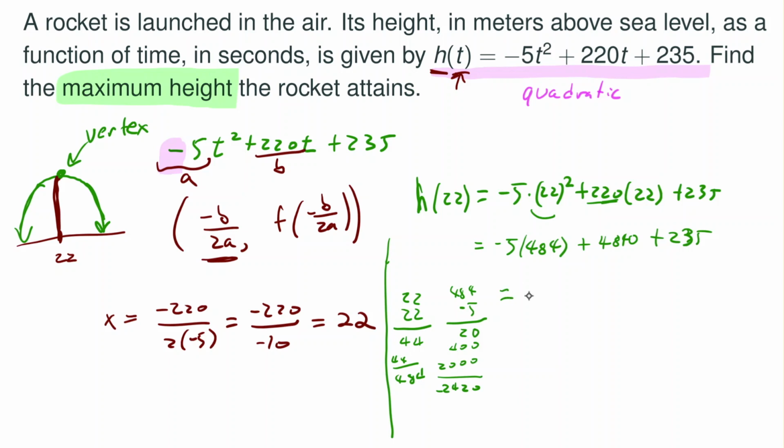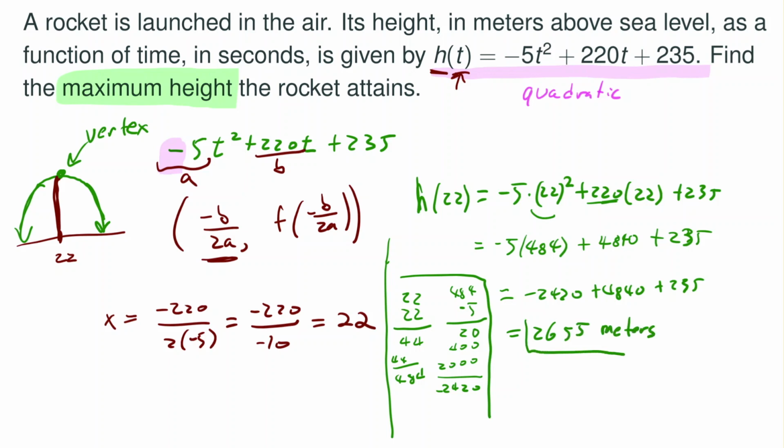So what we have is negative 2420 plus 4840 plus 235. Okay, this is kind of on the side. And if I add all these, I get, let's see, 2655 meters. So this is the maximum height.